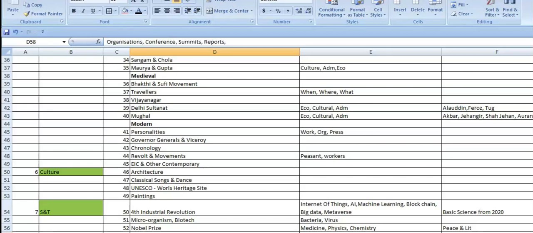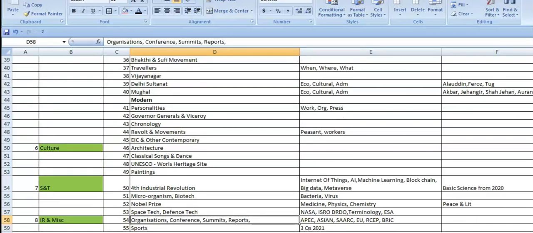Next one is the miscellaneous topics and the international relations, where there are 5 to 8 questions asked every single year. When it comes to international relations, it is all about the organizations, the conferences, the summits, and the reports that emerge in that conference. Okay. Now there are certain organizations or conferences where India is participating, and there are certain conferences or summits where India is just a witness.